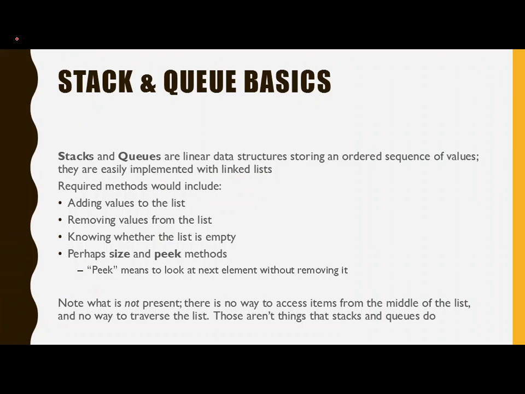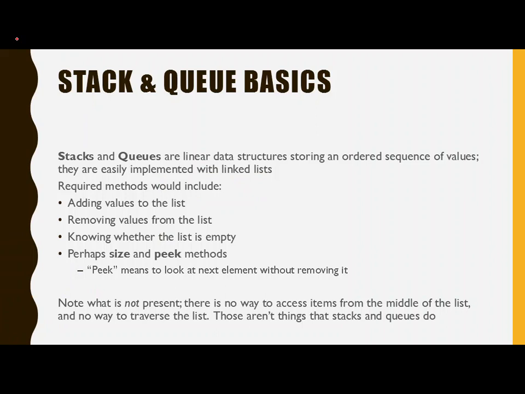You've got to have some way to add something to the list and remove things from the list, although that gets interesting because of the way you have to do it. Probably want to know whether there's an empty list, whether there's anybody in there at all. And then sometimes you'll see a size method, may or may not do that, because if you know it's empty, then maybe that's what's most important. Size overall may or may not be important.